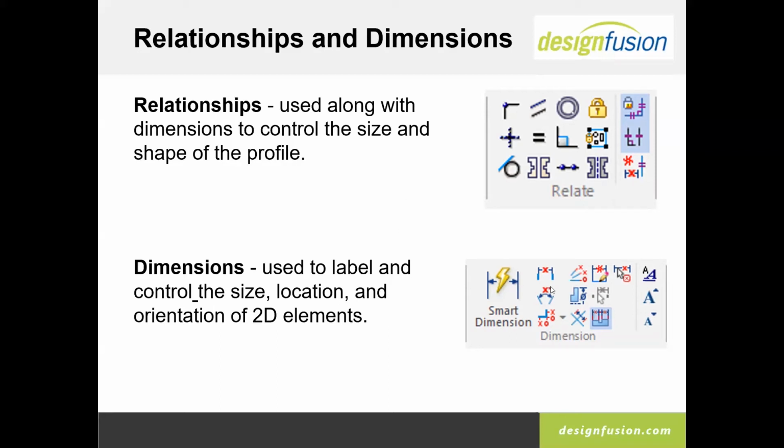And then because this is a parametric sketcher, you make sure that you go in and put in dimensions as well. Even if you've drawn something to scale, you want to put a dimension on it to lock it. So by placing a dimension on it, it holds that value and maintains that value and allows you to edit that value with control.